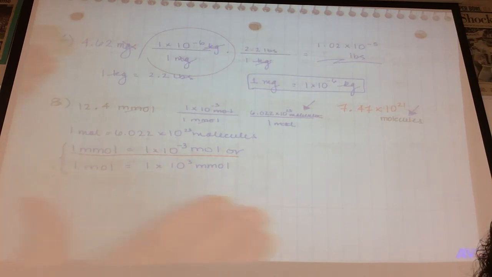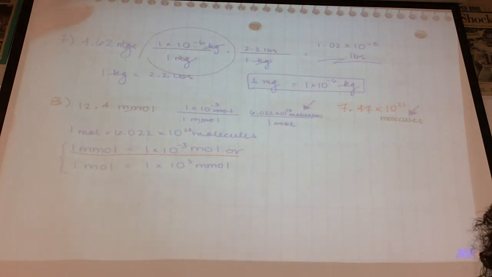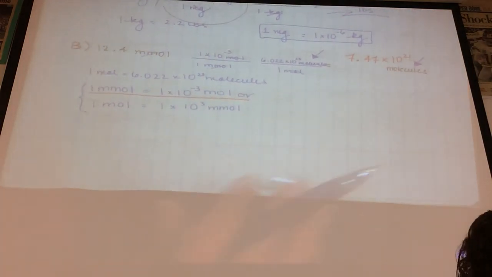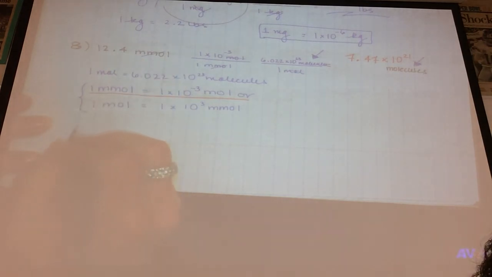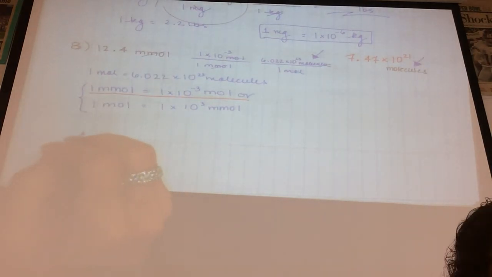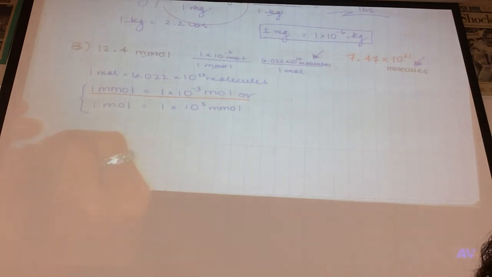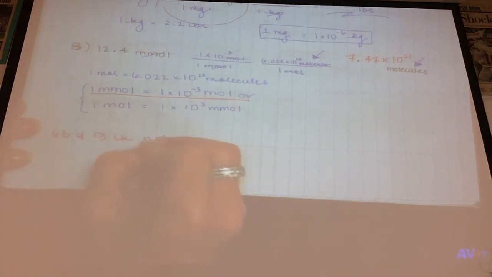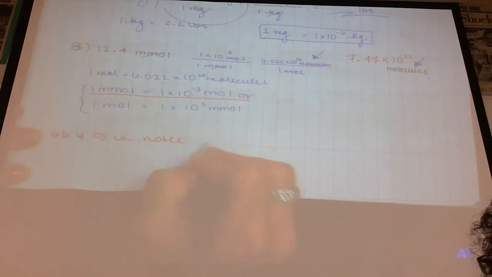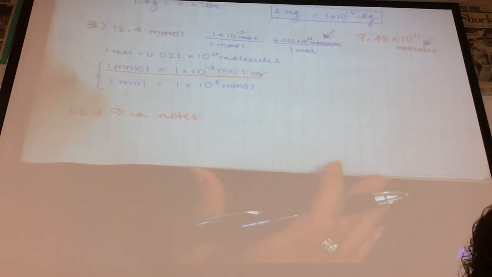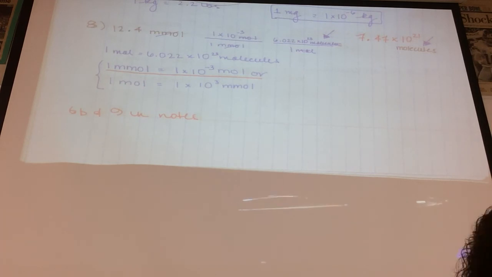Okay, so we're going to break, but what I do want you to do after the break is I want you to do 6B and 9. So you'll do 6B and 9 in your notes to make sure you've got that concept, and I will work those problems out so you can see them on the screen.